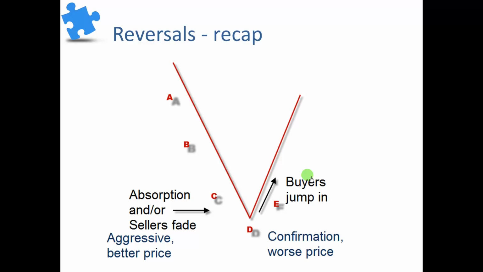And that's where using the tape next to the dome comes into it. The only thing that's going to show you whether these are big trades or not is the tape. Now, what you have when buyers step in, because you want to see buyers step in and price move up, is a poorer entry price. So with the order book and tape, you're going to have a trade-off between confirmation and entry price.